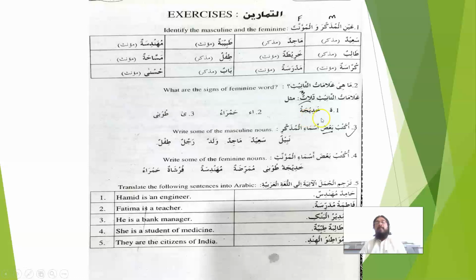Then give examples of ta like Khadijatu, example of alif hamza like Hamarahu, examples of ya like Tuba. So this question might have come in the exam.